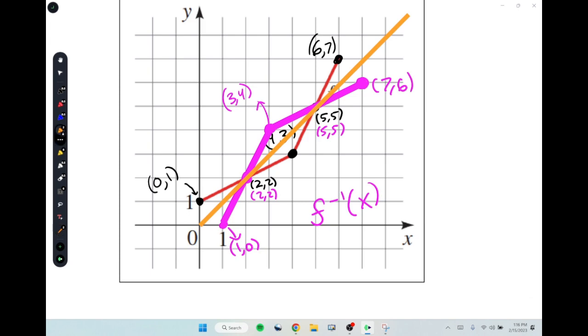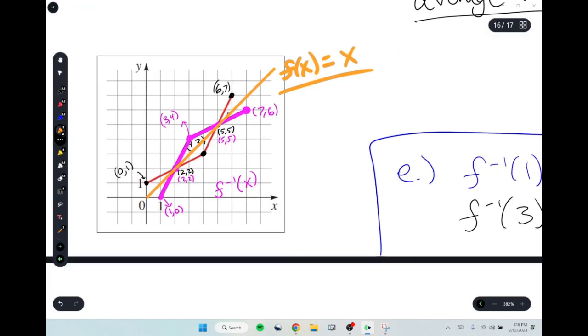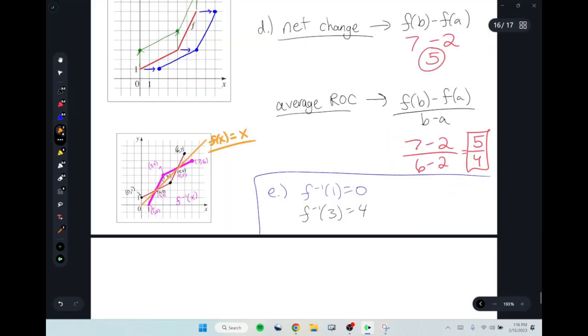Isn't that like f of x equals x? Boom. That's how you find the inverses. You reflected across that line. Which makes sense because that's the line where you switch x and y. X and y are the same there. It's pretty cool, I think.